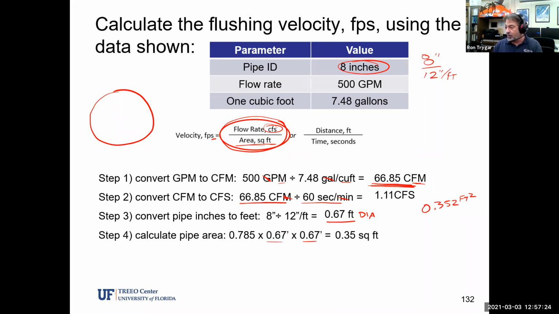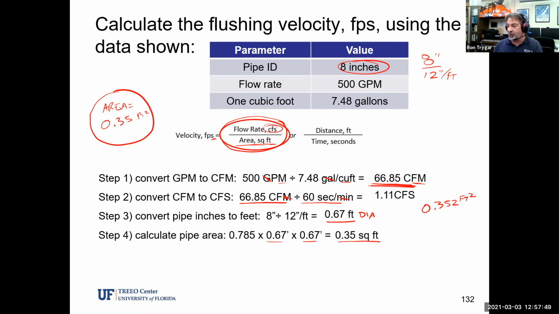And I came up with 0.35. This is what we have on our slide, 0.35 square feet. So the area of the pipe equals 0.35 feet squared. Remember, it started off as an 8-inch diameter pipe.